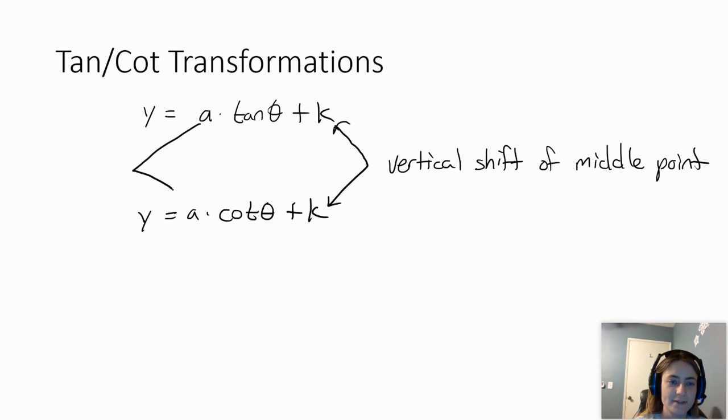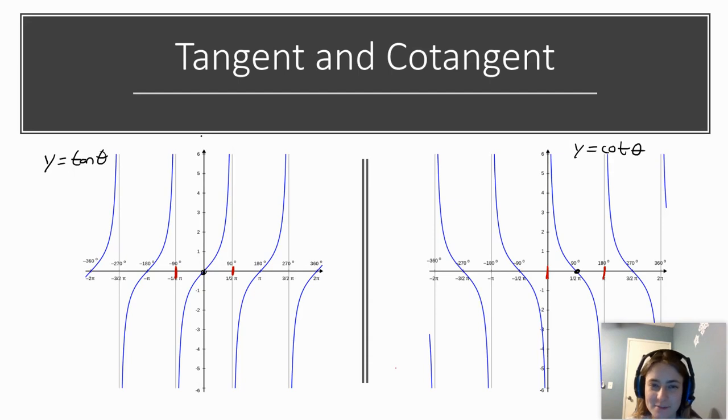And what a does, so for a, we looked at a being the amplitude, so the distance from the maxes and the mins to the midline. And we can think of it similarly for tangent and cotangent. So we know that these nice points here and here at negative pi over 4 and pi over 4 are just negative 1 and 1.